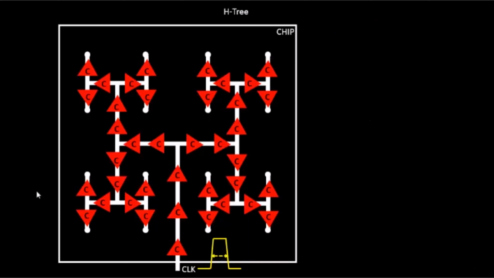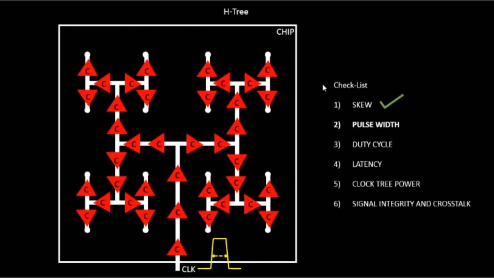Very similarly, we'll transmit the fall to rise waveform in this clock path, and again the rise to fall, or high to low, pulse from this clock path, and see what we get at the output. Okay, so let's start with that. The skew is almost met, and we will not check it again because we have proved this earlier.